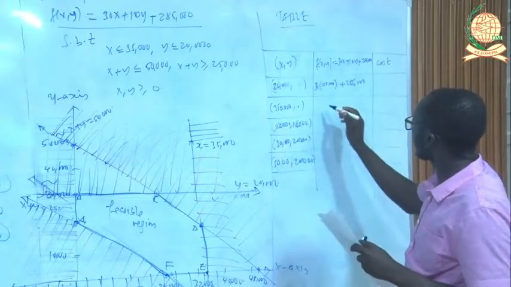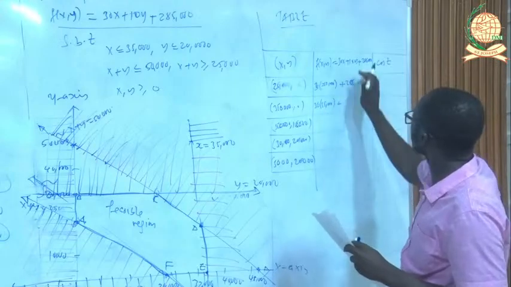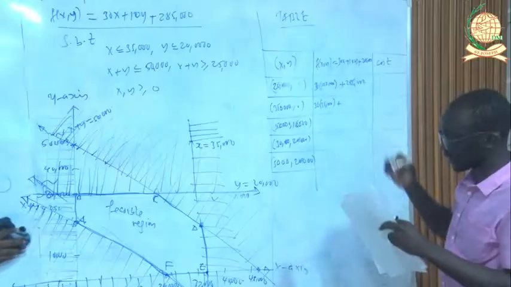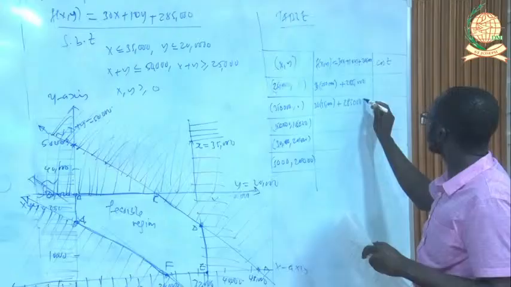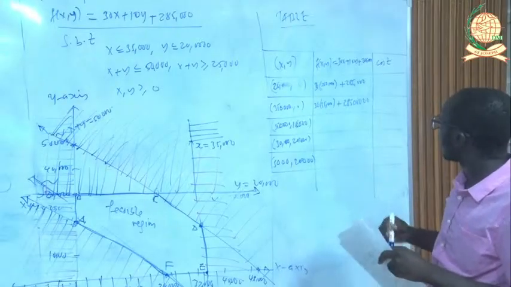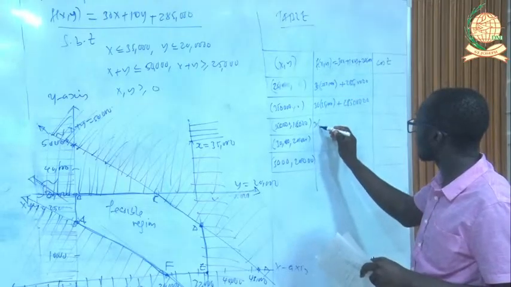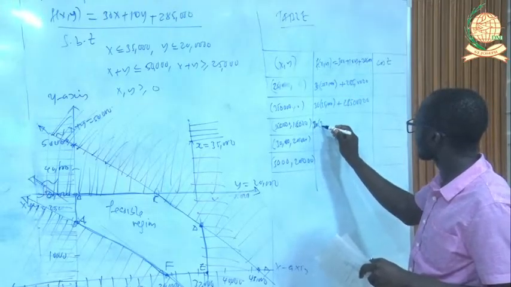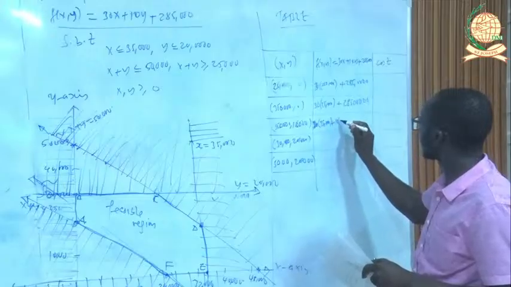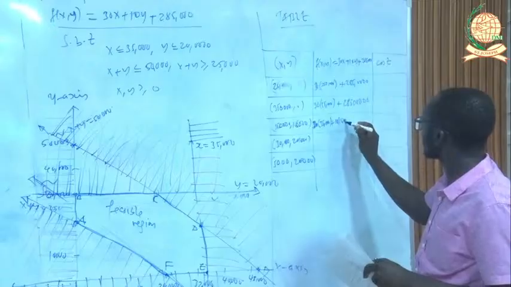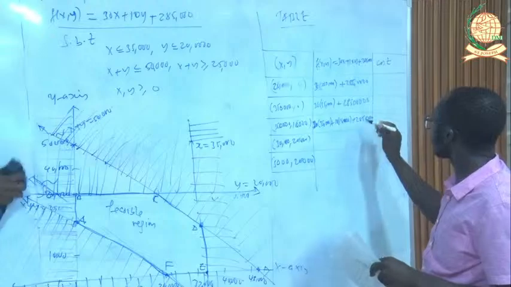The value of x is 35,000, so it is 30 times 35,000 plus y is 0 again, so this part will vanish because y is 0, but the constant term will be there, 285,000. And again, the value of x here is 35,000, you put here 30 times x. My x is 35,000 plus 15,000 times 10, so it is 15,000 plus the constant term 285,000.